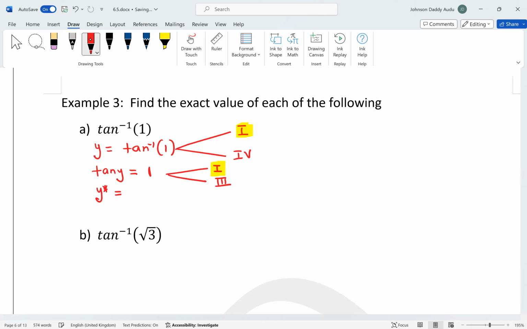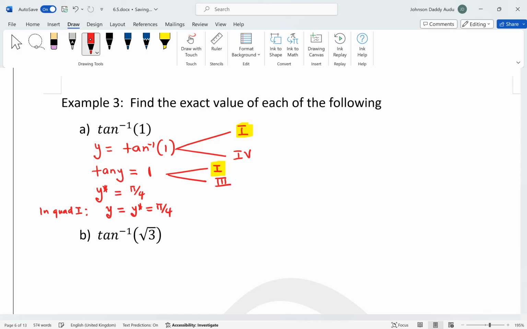Y star will be an angle in the first quadrant whose tan is 1. And that y star is just pi over 4, right? Because tan pi over 4 is 1. But because we're in the first quadrant, y is equal to y star, which is equal to pi over 4.